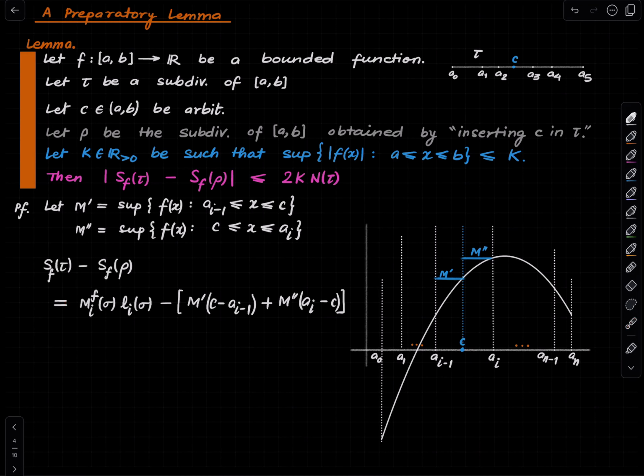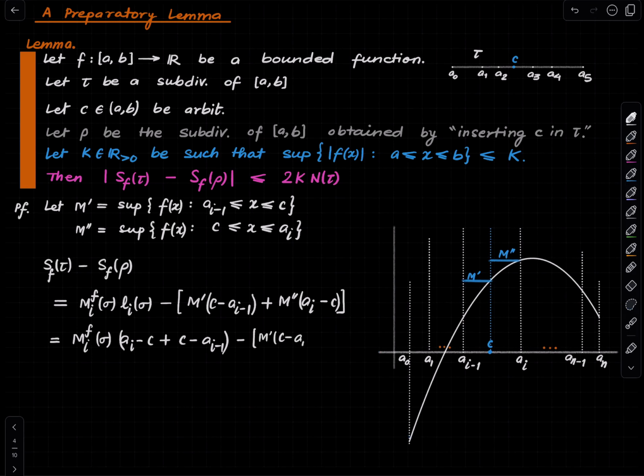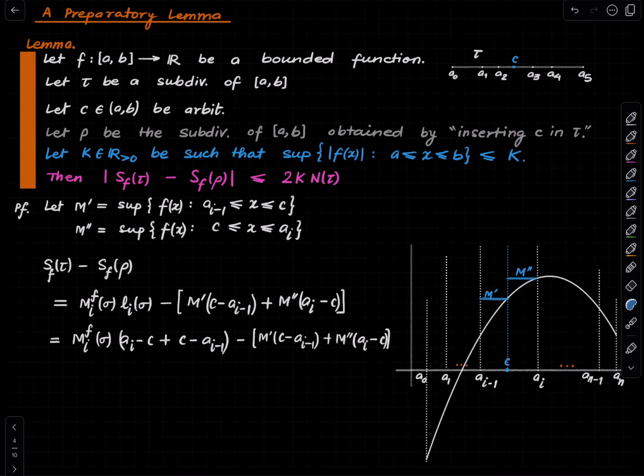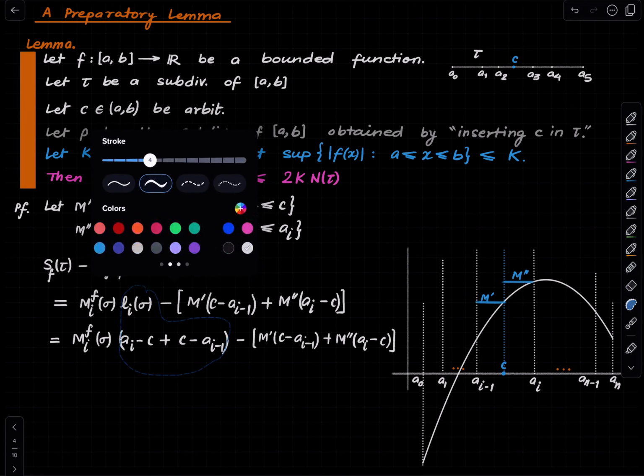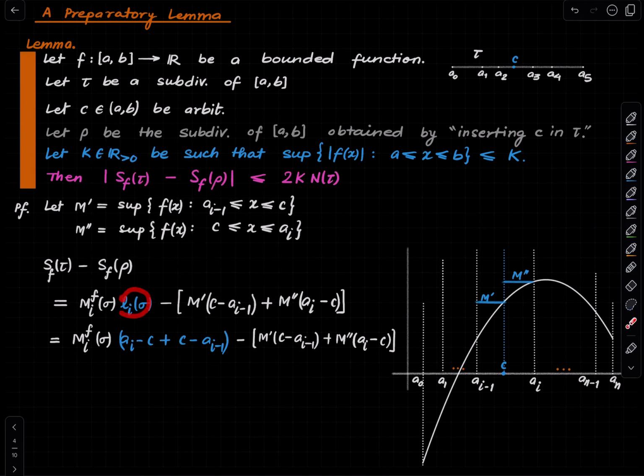And now this can be written as (a_i minus c plus c minus a_{i-1}). So I've just written this thing as that. Okay, and now we can open this bracket.